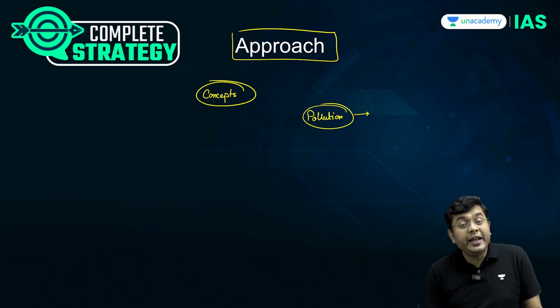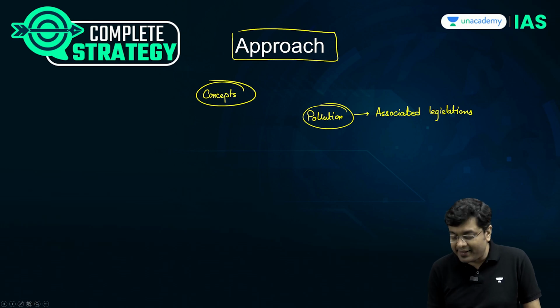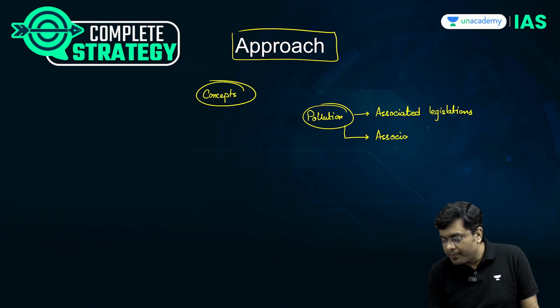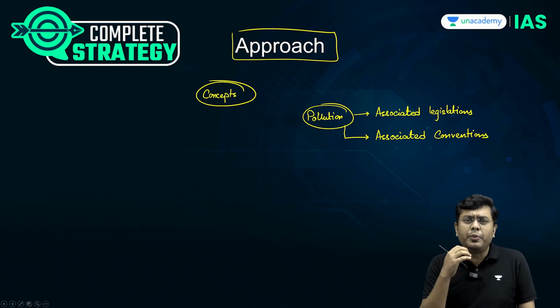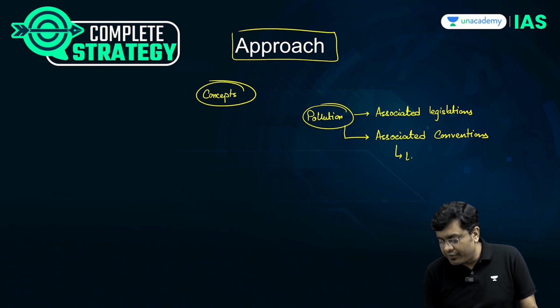Immediately after that, you need to have a look into associated legislations, like the Air Act, Water Act, Environment Protection Act, etc. Then after that, associated conventions. When you have taken a look at that, okay, for persistent organic pollutants, you have the Stockholm Convention. Look at the latest developments, latest meetings or developments.